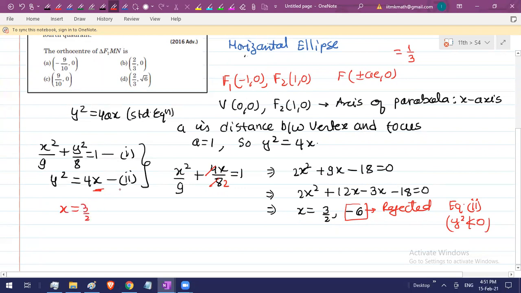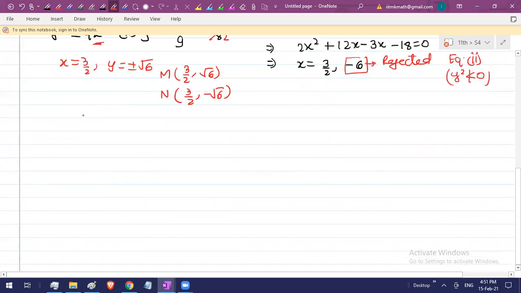Putting it in equation 2 or 1, you will get y square, so y is equal to plus minus root 6. So you will get the coordinates of M and N. M will be 3 by 2 comma root 6 and N will be 3 by 2 comma minus root 6. Then you are supposed to calculate the orthocenter.